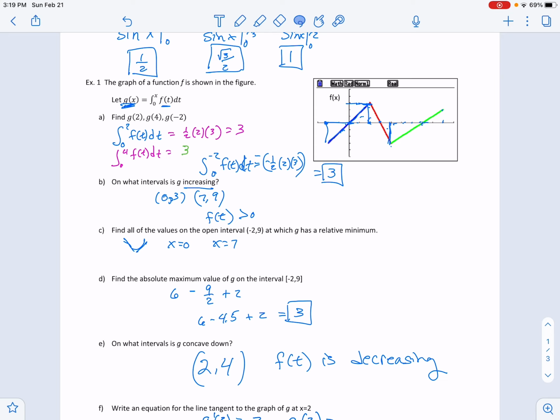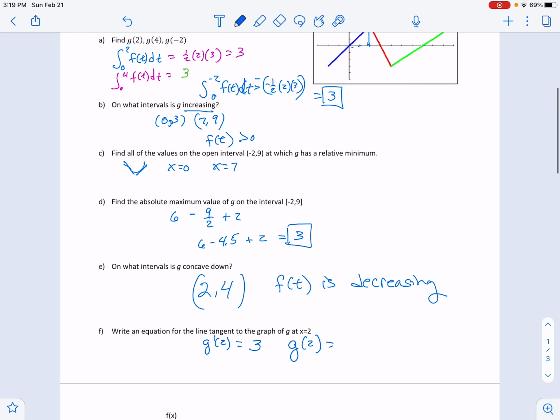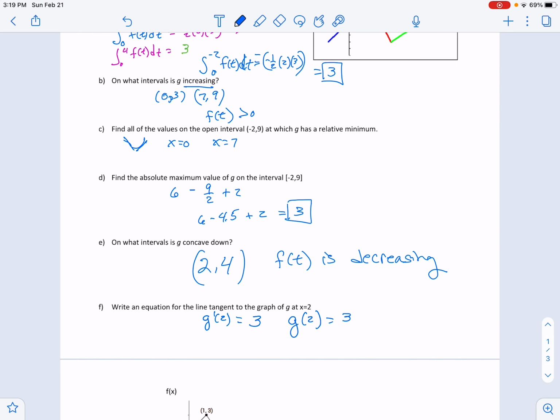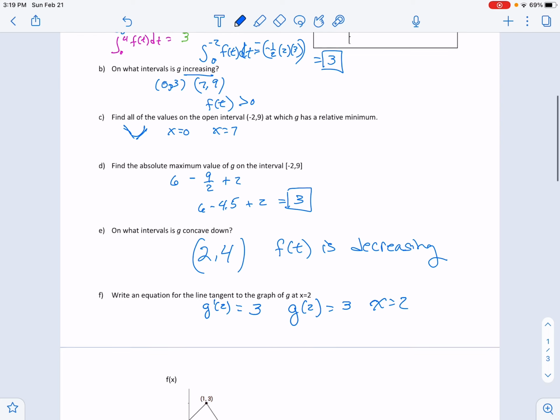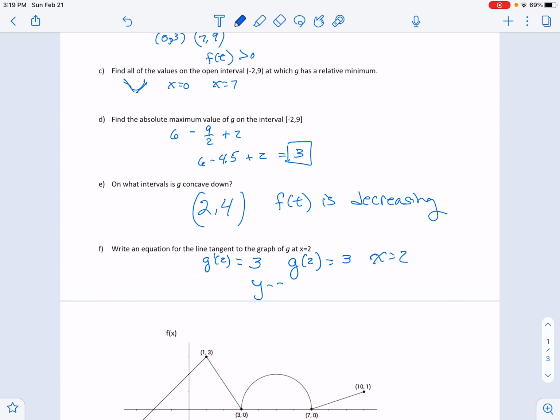We got to clean this up again. I got it messy. I do that a lot. All right, so G of 2 is 1, 2, 3, 6 is 3. And x is equal to 2. So now you've got y minus 3 equals 3 times x minus 2. Well, that's fun.